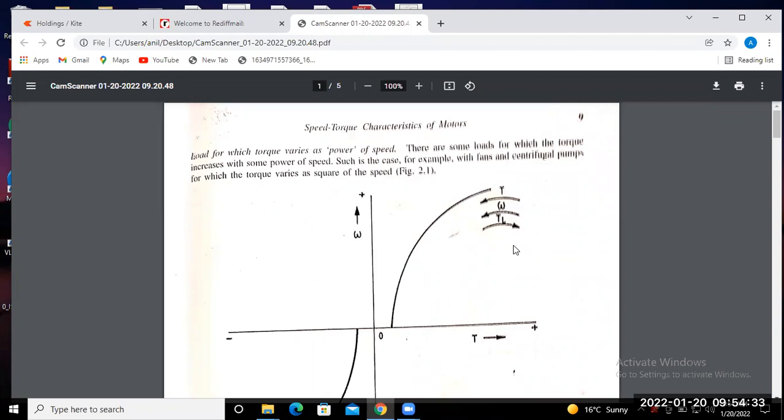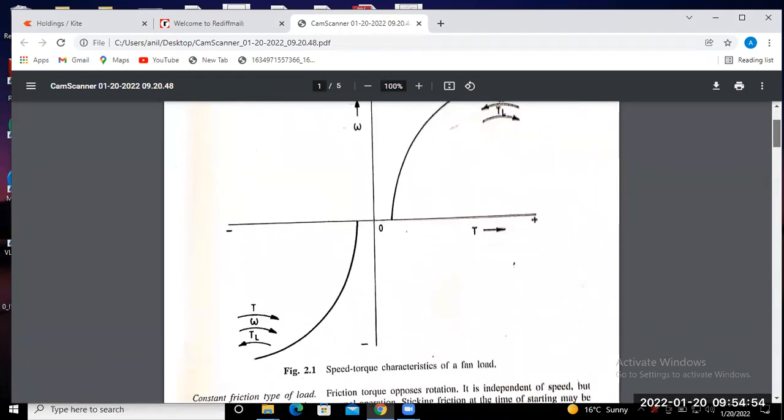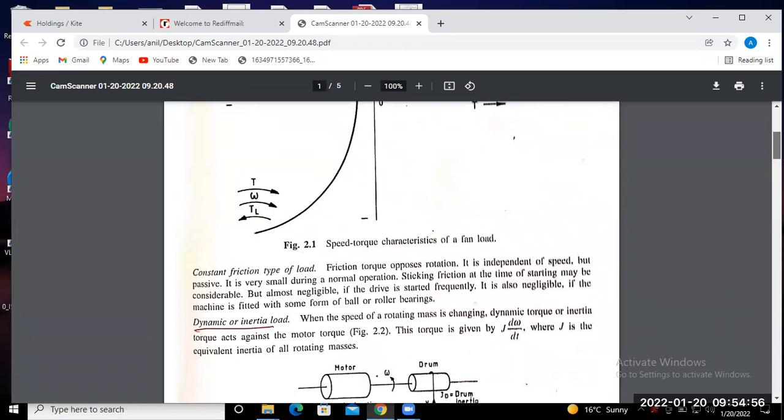Okay. And the next type of load is dynamic or inertia load. When the speed of a rotating mass is changing, dynamic torque or inertia torque acts in the opposite direction against the motor torque. So let us try to understand with the help of this figure.